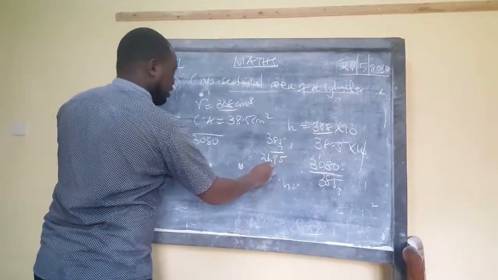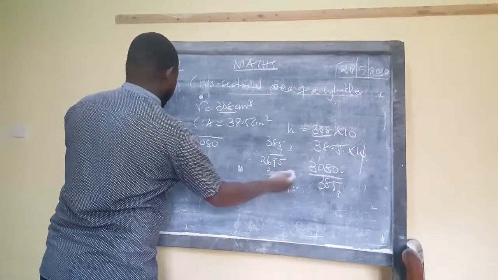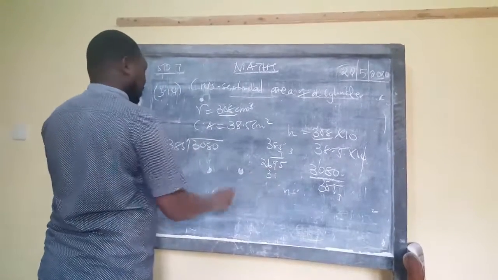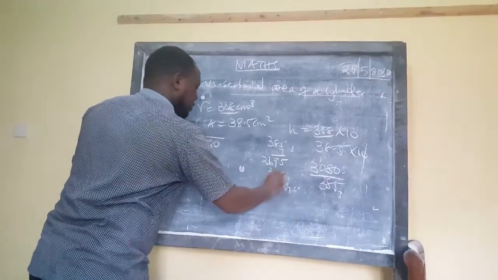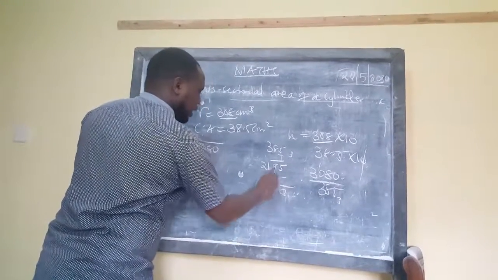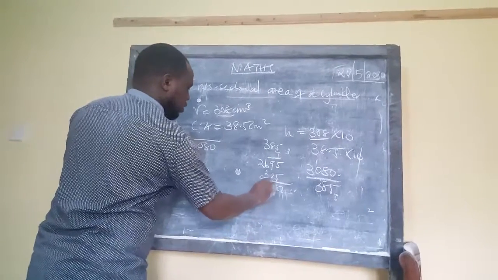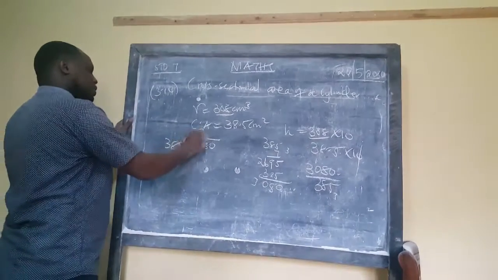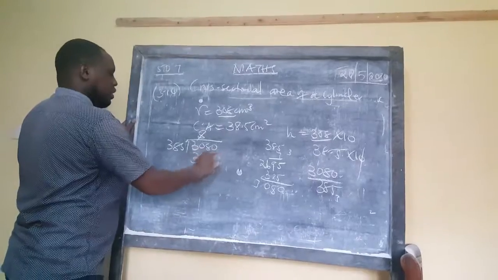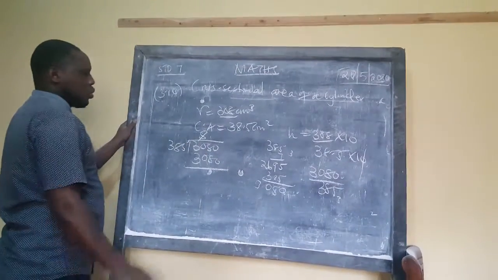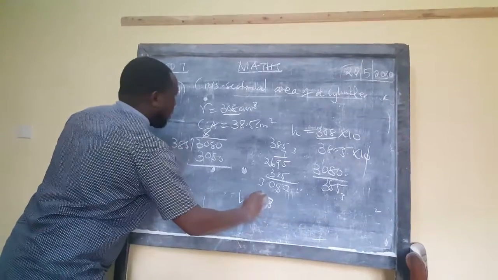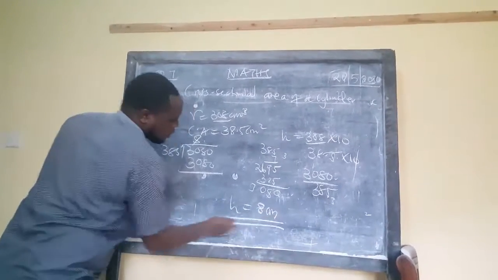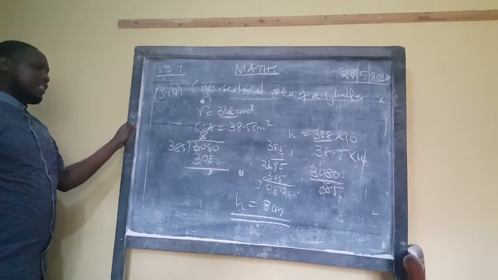Let's add 385 to be more than what we need. 385, let's see, 0, 10, 8, 0. Good. So 8 times, you get 3080. So our height is going to be 8 centimeters.